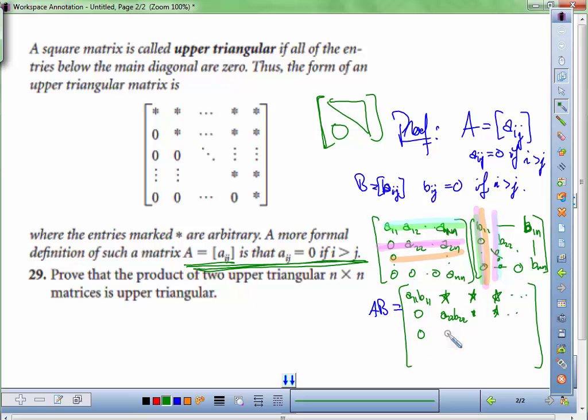For this next term, you'll see 0, 0, and then the third one is going to be 0 times something else. And then when you get to the third row and the third column, that's when it becomes non-zero. That would be an A33, B33, and then the rest of them.